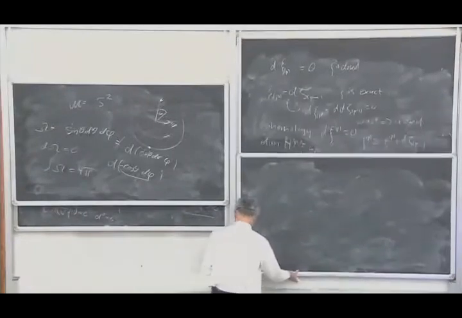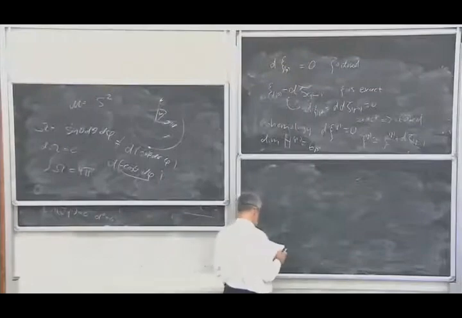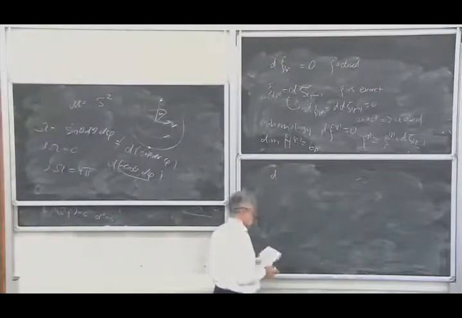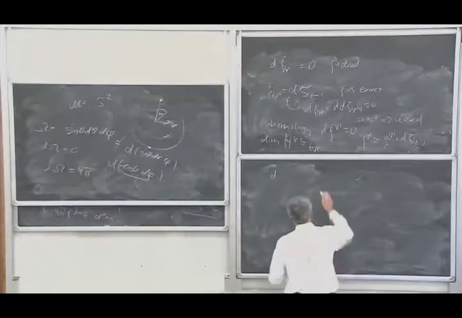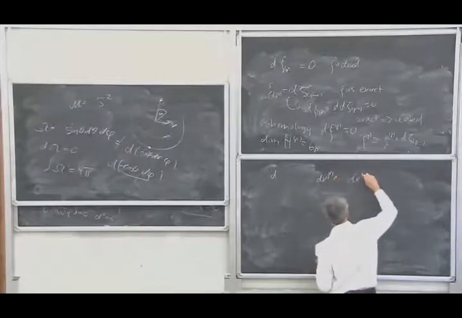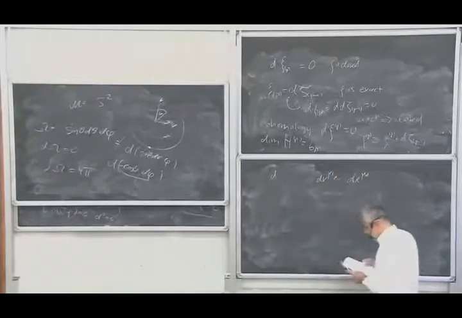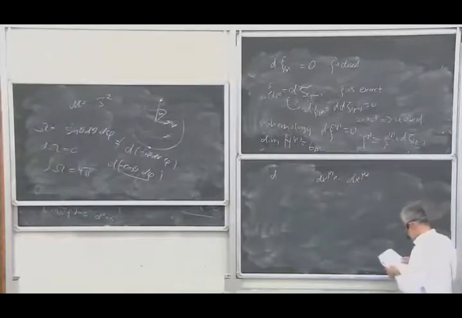Now, we are on some d-dimensional manifold. Let's look at dx mu 1 up to dx mu d. This thing is completely antisymmetric in all the indices.